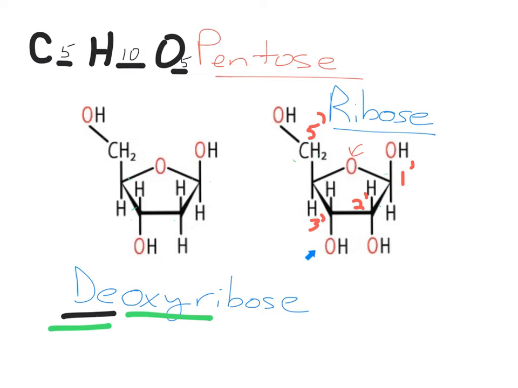The 3 prime, of course, is where we make a connection on the phosphate sugar backbone, and the 5 prime is the other important connection. The 2 prime is important in that it allows us to identify the ribose versus the deoxyribose. This missing oxygen here at the 2 prime is what determines whether it's deoxyribose or ribose.